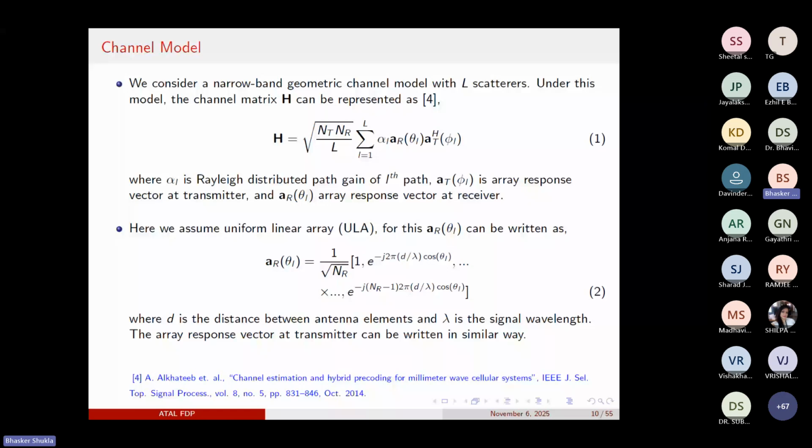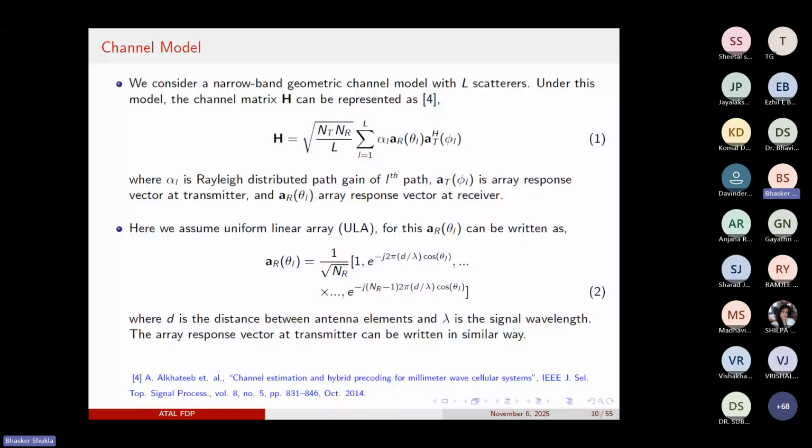The channel for this system is given by equation 1, where NT is the number of transmit antennas and NR is the number of receive antennas at the receiver, alpha L is the Rayleigh distributed path gain of the L-th path, AR is the array response vector at the receiver, and AT is the array response vector at the transmitter side.